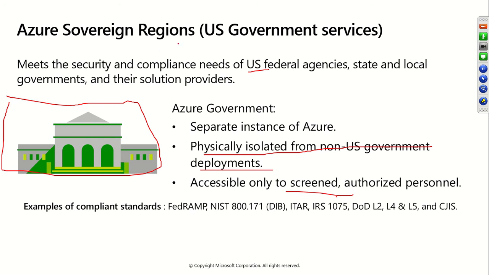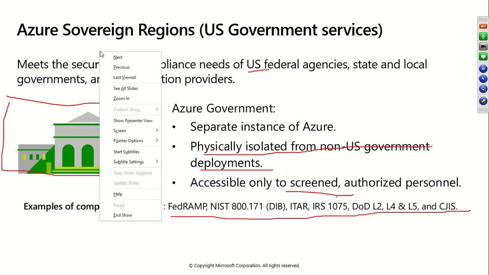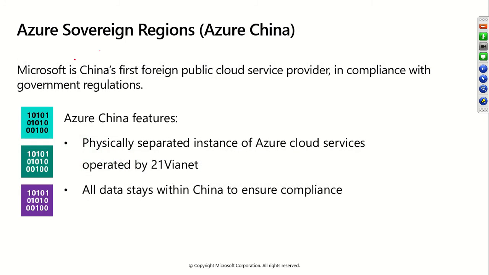Based on the requirements of the US government, this data center complies with all compliance standards. There's another one called the Azure Sovereign Region, meant for China. Microsoft is China's first foreign public cloud provider which complies with all the regulations of China, and this will of course stay within the China region.